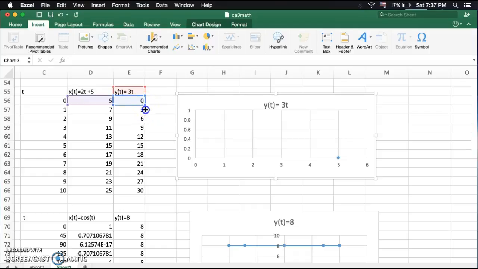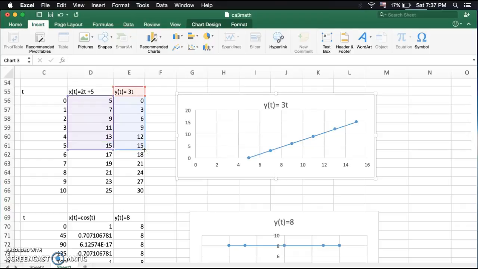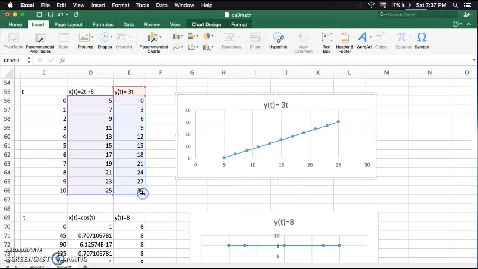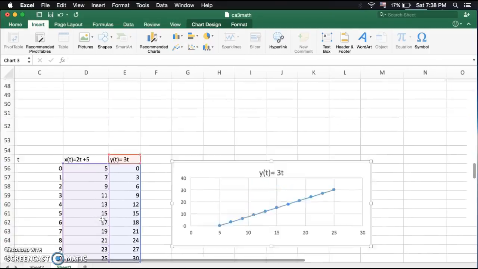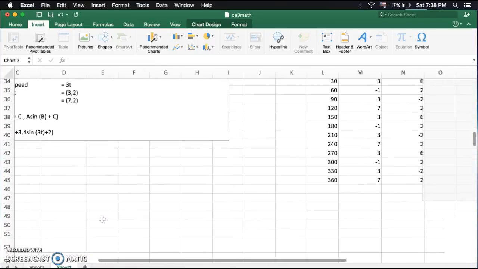When you drag it down, moving until 5, it moves in a straight line. After 10 seconds, it will reach the point x equals 25 and y equals 30. This is the straight line motion.